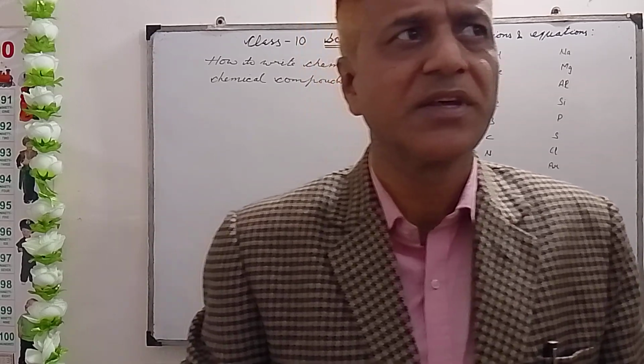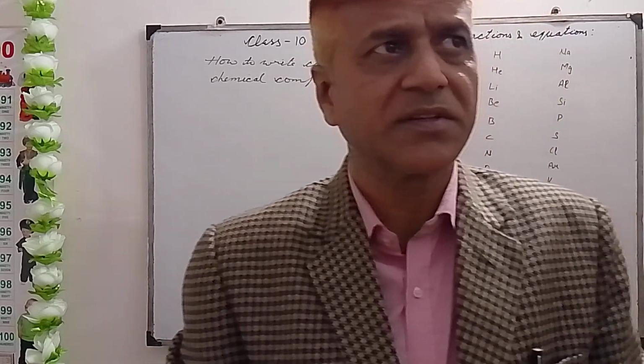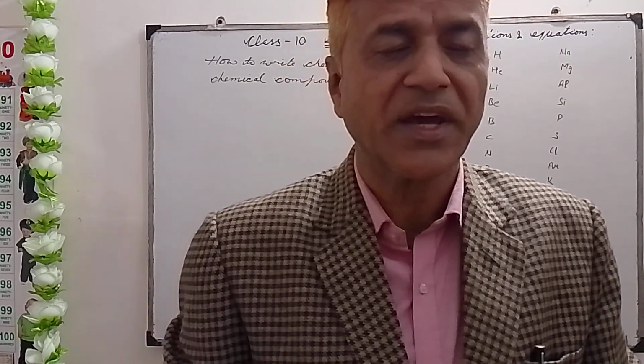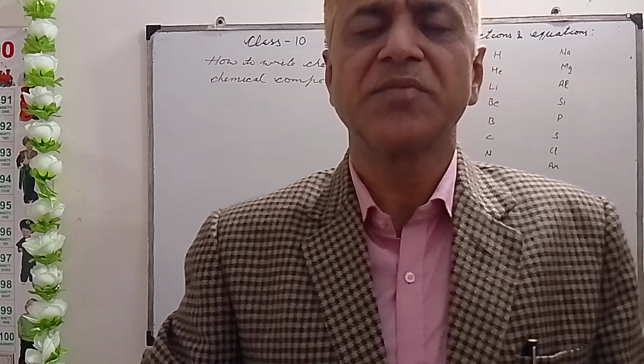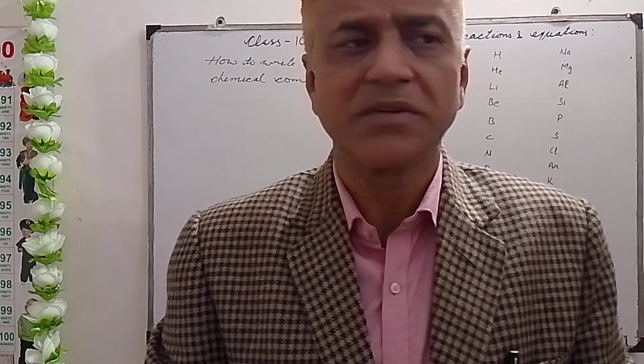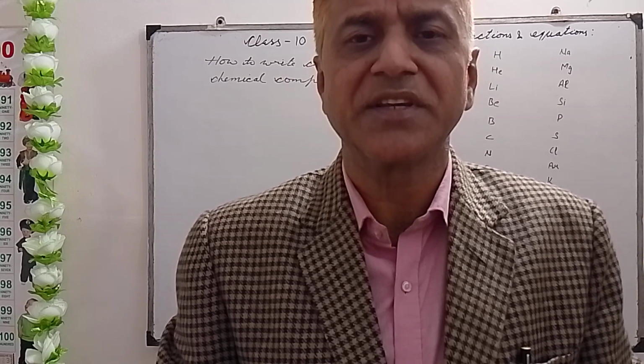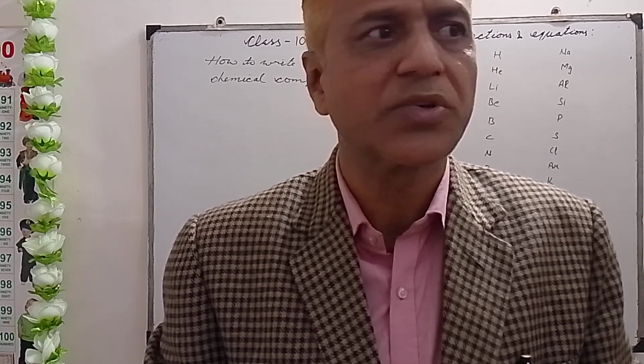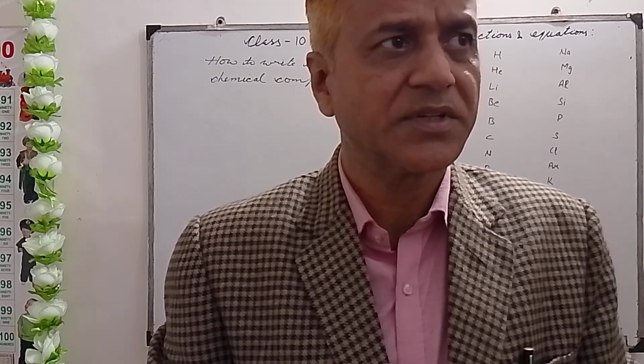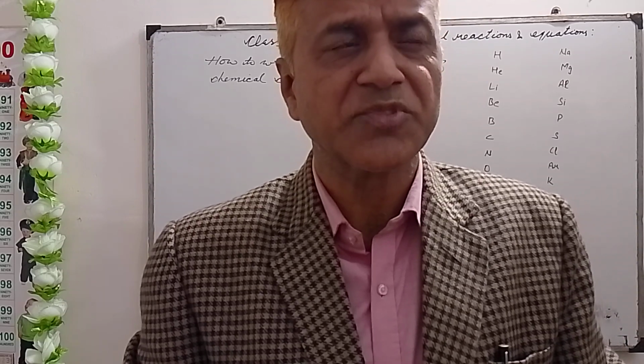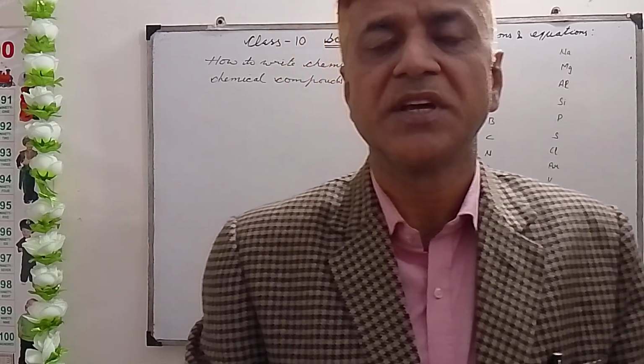Using this rule, we can find the maximum number of electrons which can be placed in a particular energy shell. For example, for the second energy shell where n is equal to 2, the maximum number of electrons is 8.